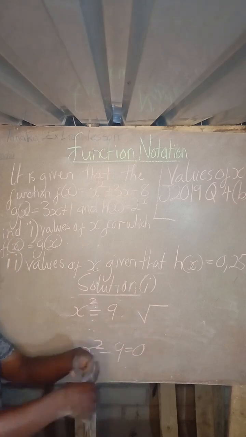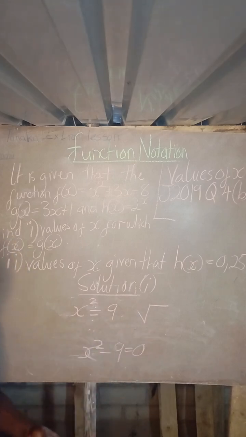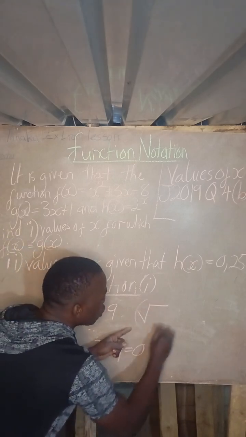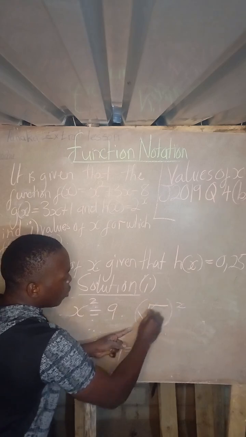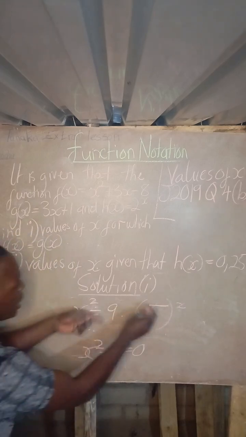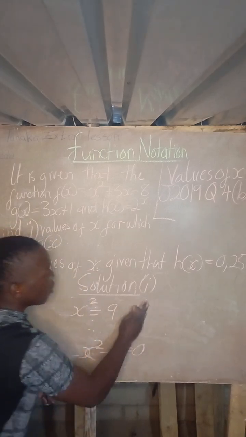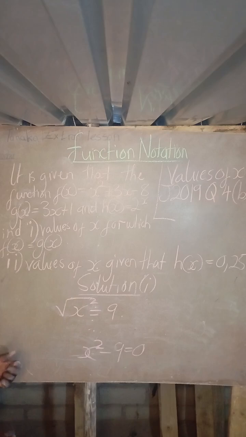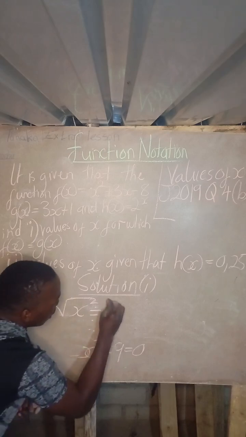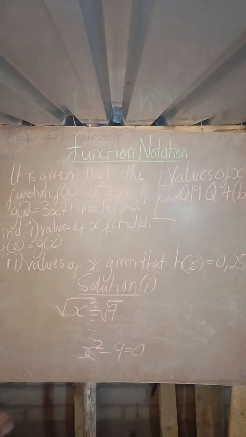This sign, for us to eliminate it, we have to square it. Here we square, because squared and square root cancel each other. But here, when you have a squared term like our x, you introduce the square root sign, but you have to introduce it on both sides. Now here our x comes, sorry, the square root sign comes.